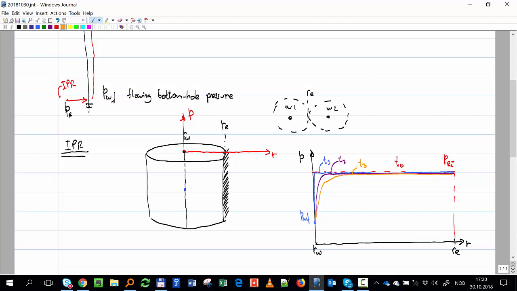During that period, the boundary doesn't feel anything. The boundary is just there, saying nobody's touching me, I don't feel anything. Whatever is happening here, the boundary doesn't feel it at all. That period we call the transient regime.